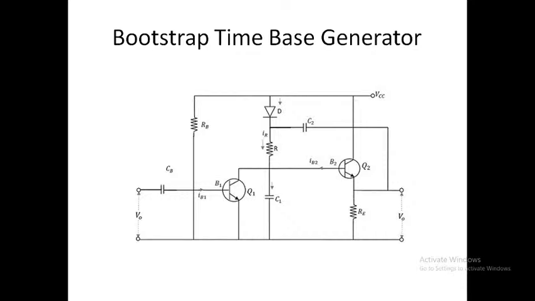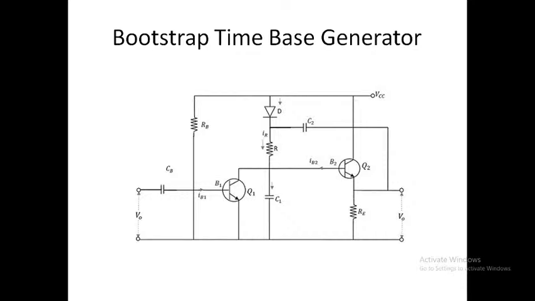Now we'll see how exactly this time-based generator works. It works similarly to the Miller sweep generator. The only difference is that in the Miller sweep generator the output decreases linearly with time, but in this bootstrap sweep circuit the output increases with time.